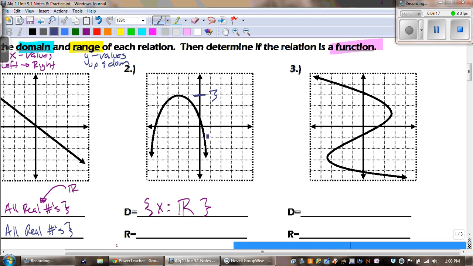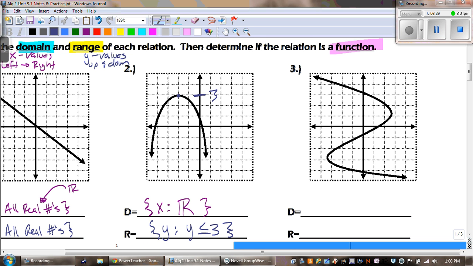So when we would write this, we would say that y can it be greater than 3? No. So it has to be less than, and it's actually on the mark, so that means it can be less than or equal to 3.